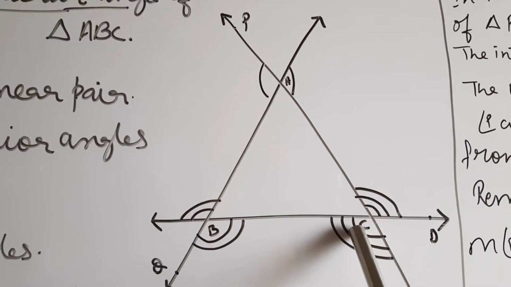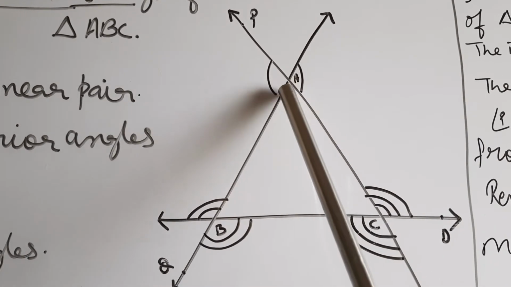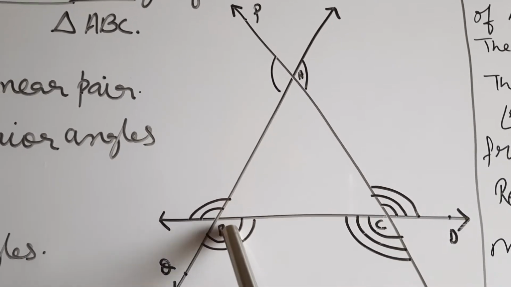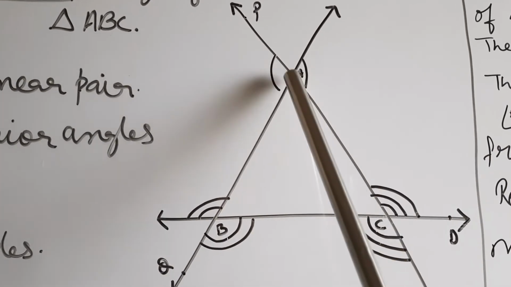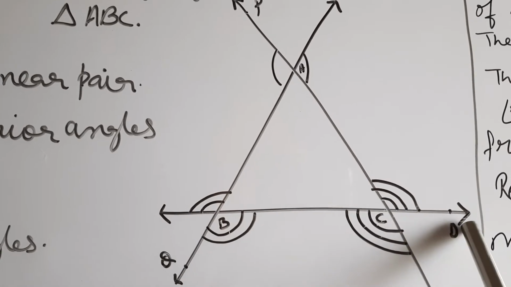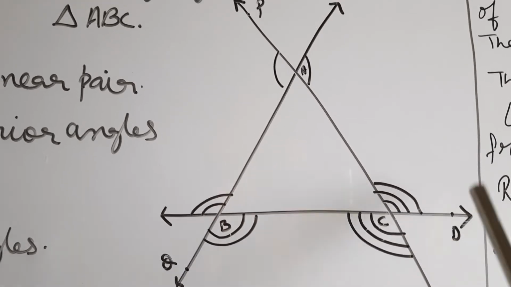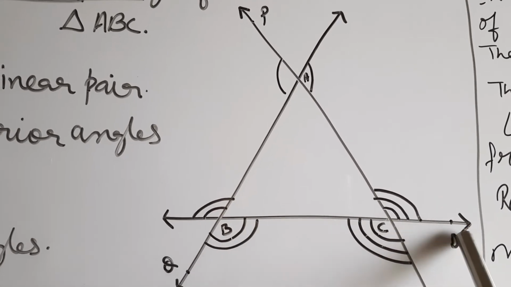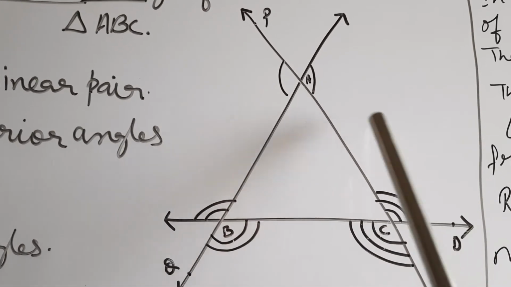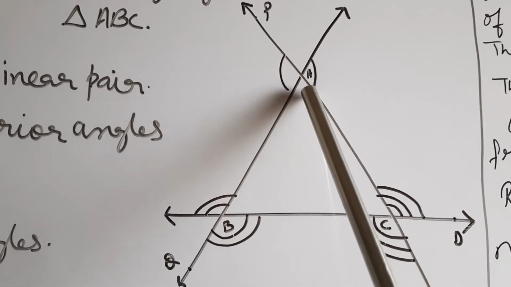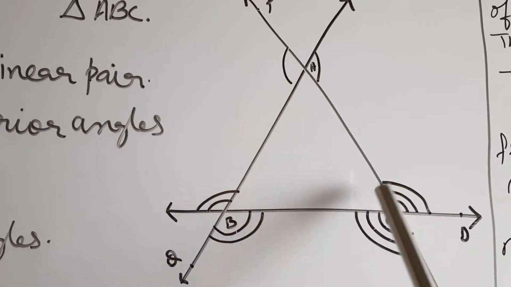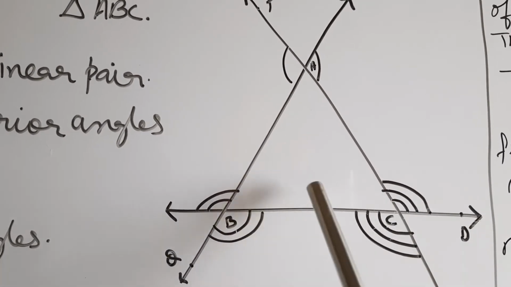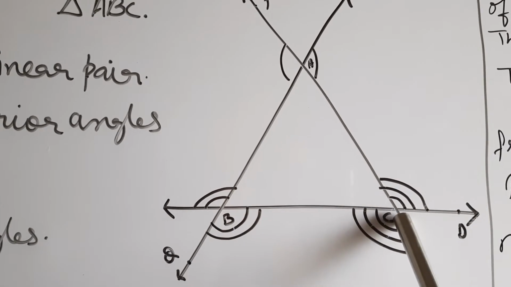Now what about angle ACB and angle ACD? Just with one chain, that is when you are extending, you have an exterior angle, and look at this figure now. Angle ACB and angle ACD are on the same straight line.